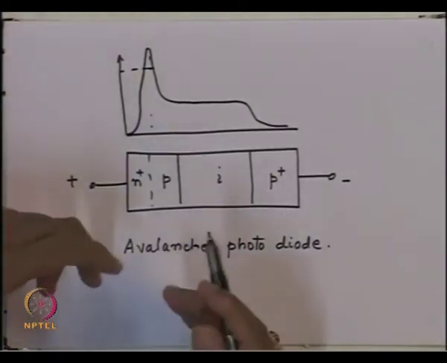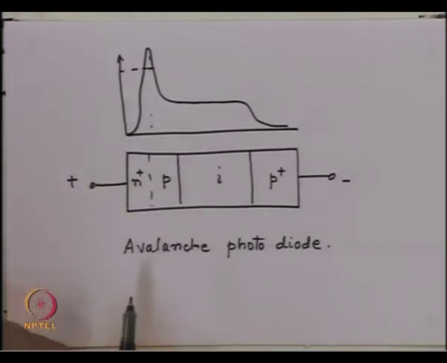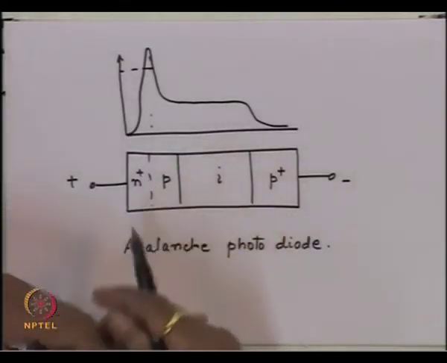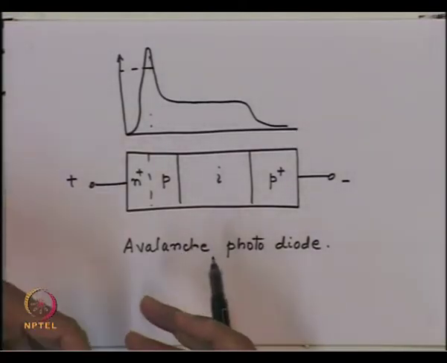So, over and above the statistical variation of the current which we have just in the detection process of the photon, when the carriers get avalanche multiplied, you again get a noise introduced, because this avalanche process is again a statistical process. So, the noise fluctuation which you get into the external circuitry because of this intrinsic nature of the photon and the statistical interaction of the photon with the matter is what is called the shot noise.